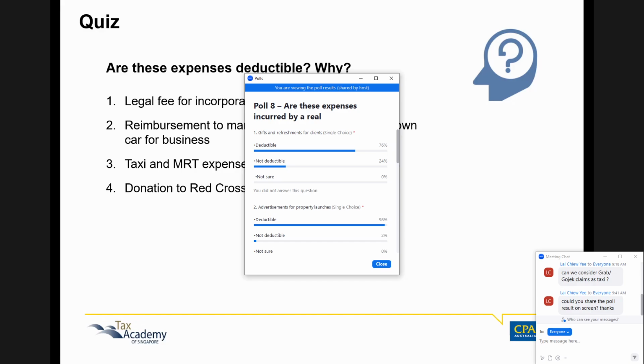General provisions for repairs and maintenance: not deductible. Okay, the keyword here is general provision. Because it's a general provision, income tax wise, normally we don't allow it, because the liability has not been incurred.